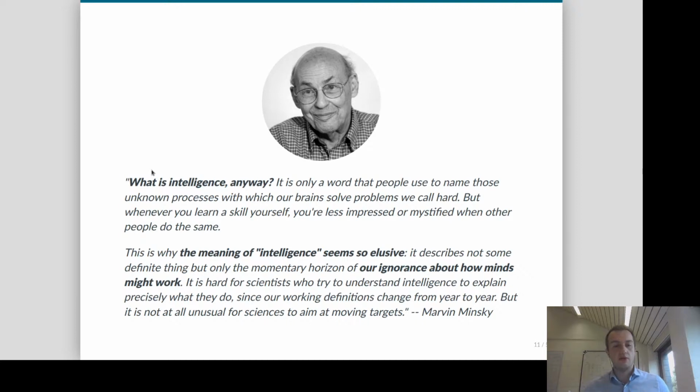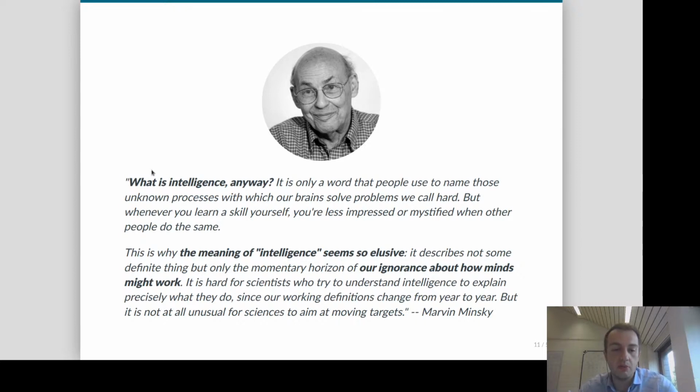And this happens today very often. As soon as we are able to build a computer which is able to beat the best players at the game of chess or the game of Go, you can see people saying, yeah, but this is just an algorithm, and this is really still not what we mean by intelligence.